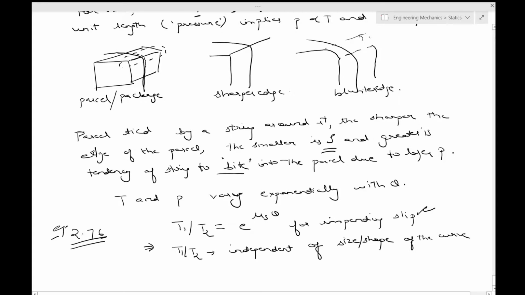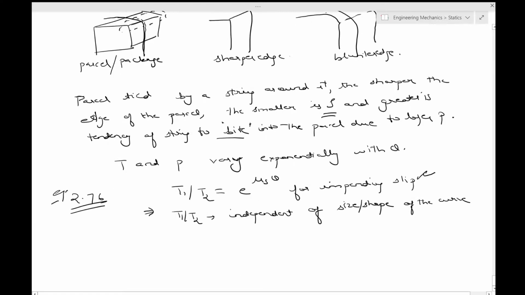So all it depends on is clearly this mu s, which is the friction coefficient between the belt and whichever surface it is acting on, and this angle theta, which essentially is the change in direction of the belt. Okay, so let me just show that. For example, theta is the change in direction of belt.